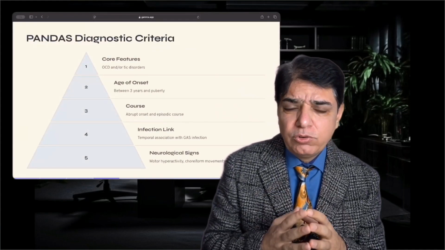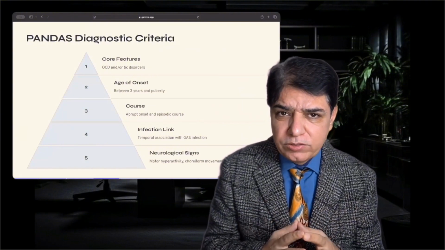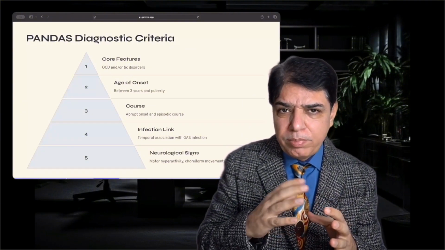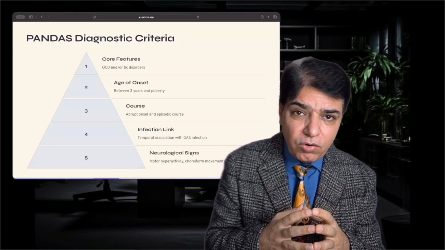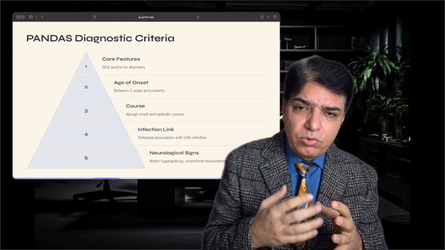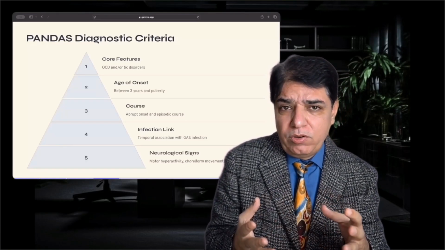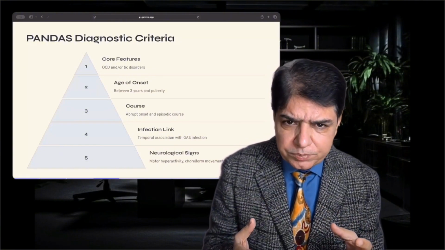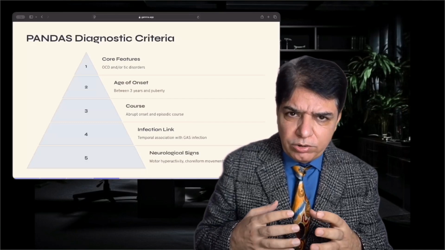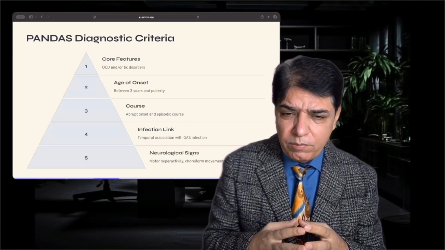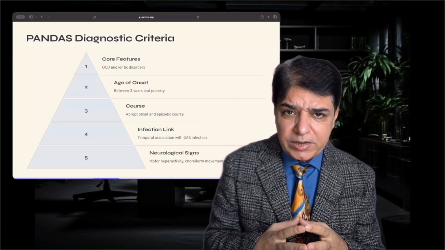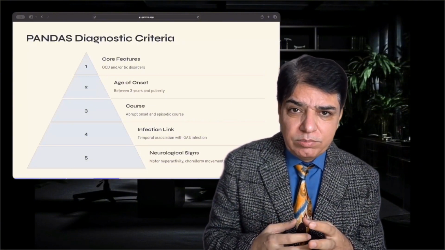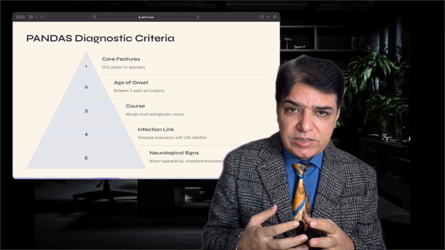For PANDAS, as I told you, PANDAS is a subset of PANS. So the only one thing that differs in PANDAS as compared to PANS is that there is an evidence of a recent streptococcal infection, which can be streptococcal infection of the throat, of the skin, of the perianal area, or any organ of the body. So usually you see that there are neurological signs which would be in the form of obsessive compulsive disorder, or there might be what we call choreiform movements or repetitive motor movements which we call tics.